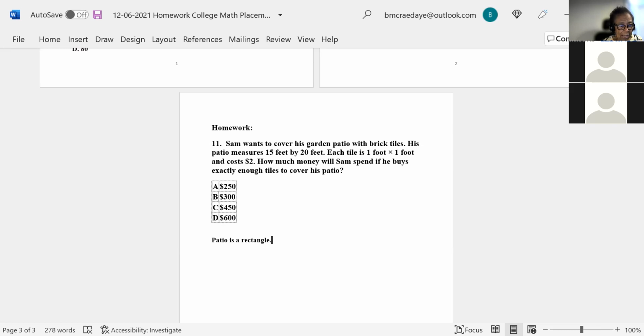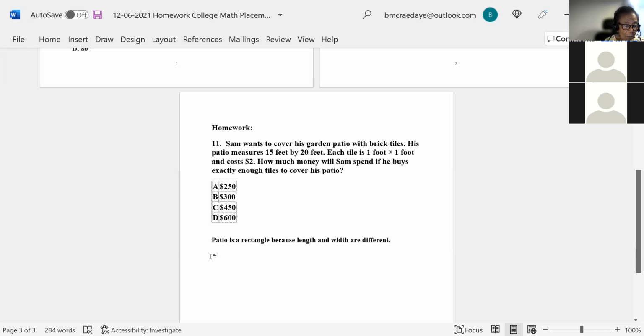So it's a rectangle because the length and width are different.